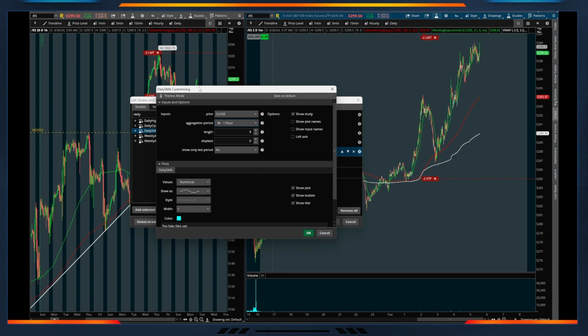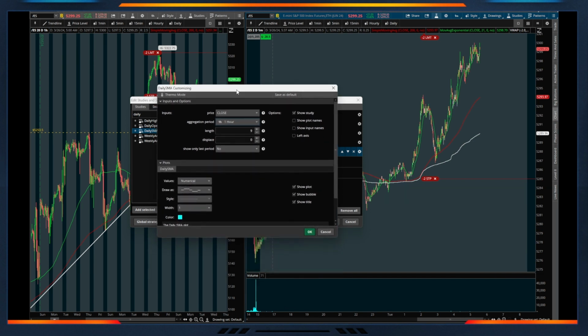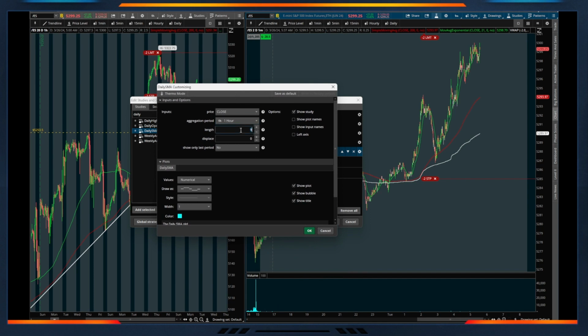Then we're also going to match the length. In this case, I want that 100-day moving average that's right here added to my chart, so I can just change this number 9 to 100. We can leave the rest as is. This is going to take the closing price, which is perfect. We don't want it displaced or moved; we want it exactly as is.